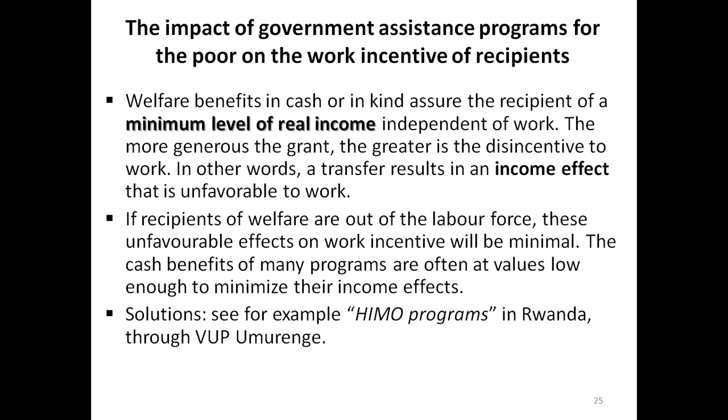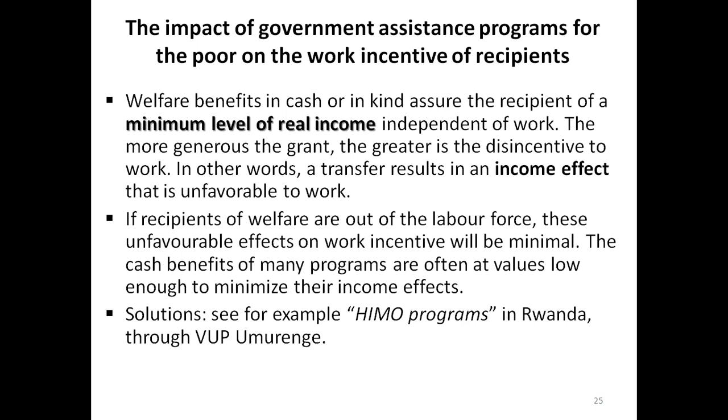In other words, the transfer results in an income effect that is unfavorable to work. If recipients of welfare are out of the labor force, those unfortunate effects on the work incentive will be minimal.